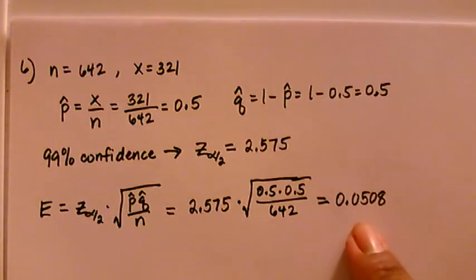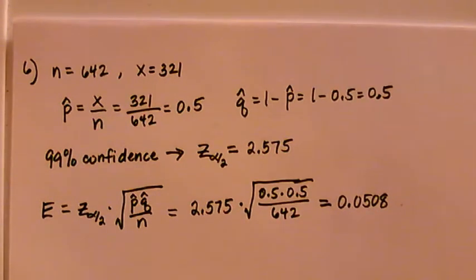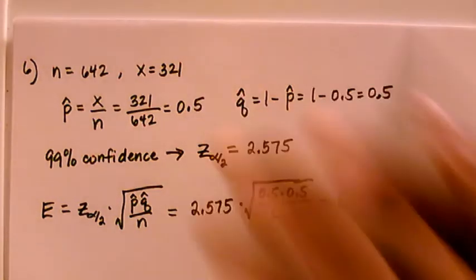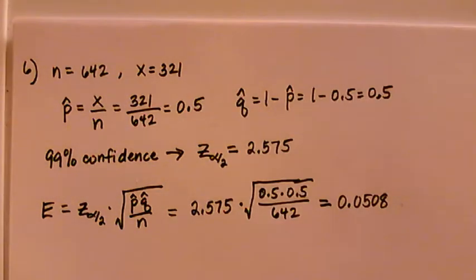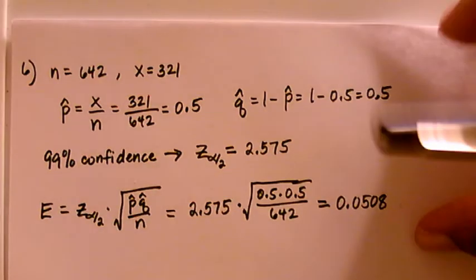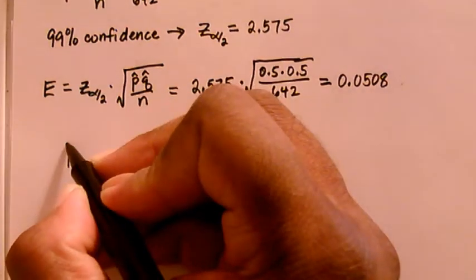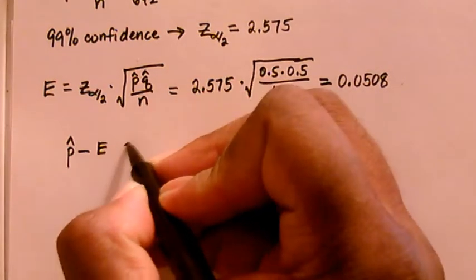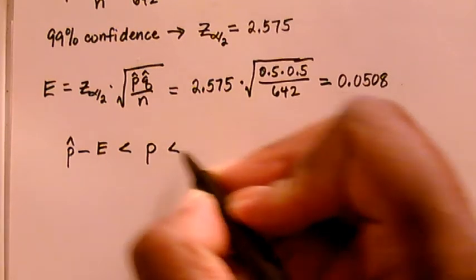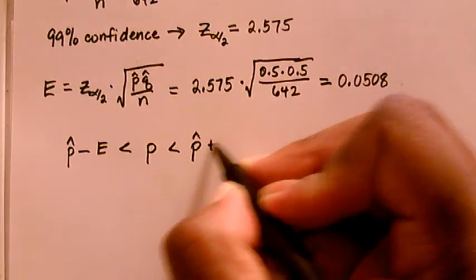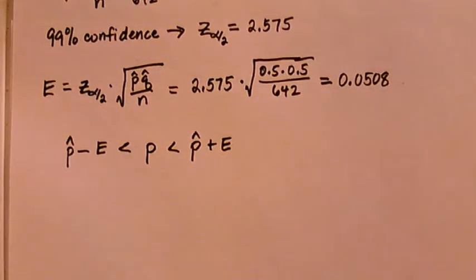Now, since I have the margin of error, and I do have my sample proportion, which is P hat, I can go ahead and construct the confidence interval. And the format for the confidence interval for a proportion is P hat minus E, that's less than P, and less than P hat plus E. And then just substitute those values here.